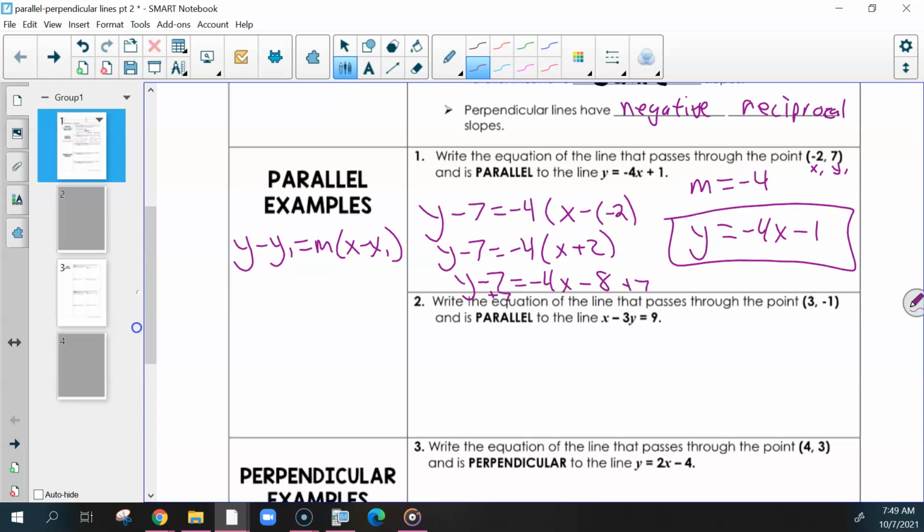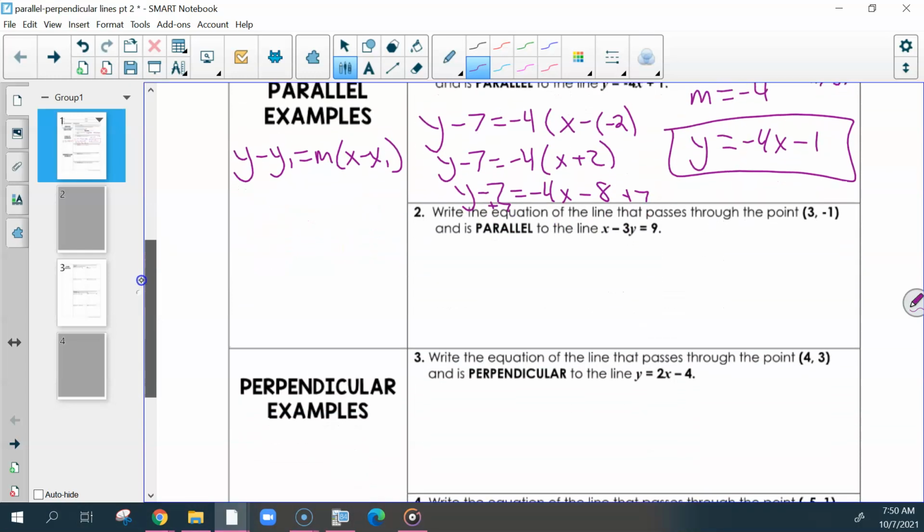Number 2 is similar, except it's not in slope-intercept form, so we have to solve that first to see what our slope is. Let's get this in slope-intercept form first.